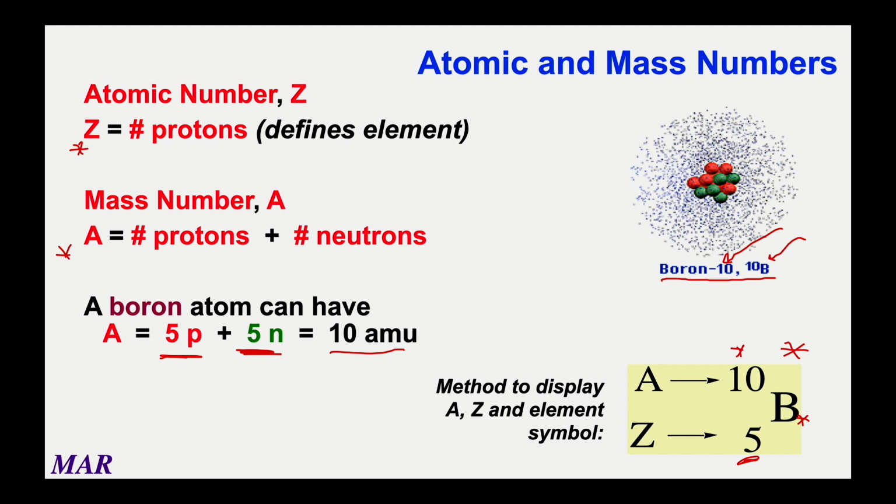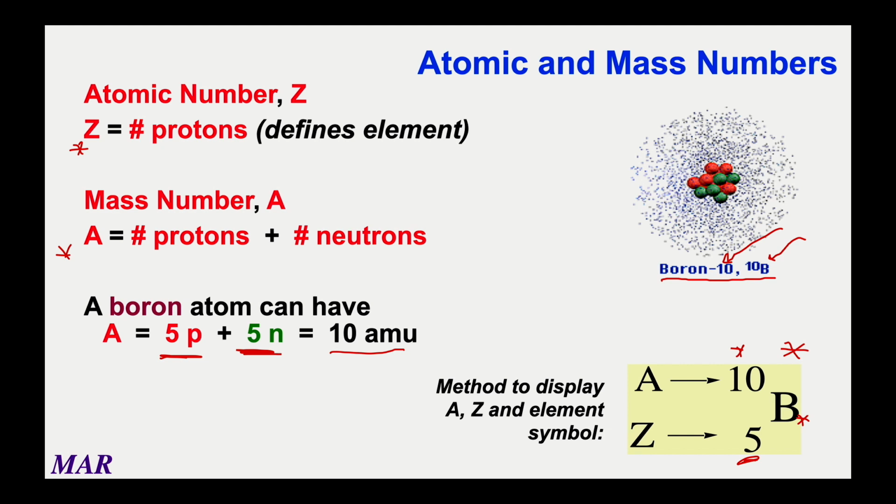And you might think it's weird that in the 10B they don't have the lower left-hand corner atomic number. The reason for that is that in programs like Microsoft Word and Google Docs, it's not easy to have both a superscript and a subscript on the same area. So a lot of times it's just easier to have only one, I'll be totally honest.